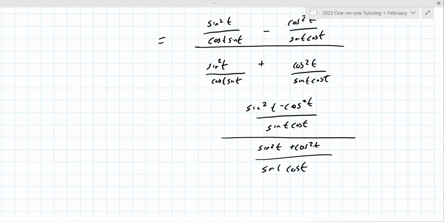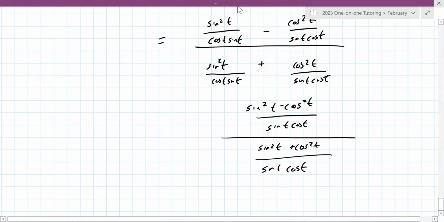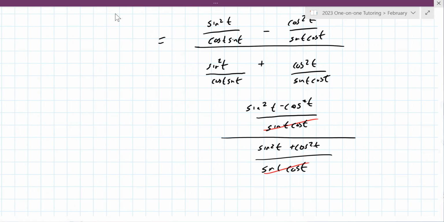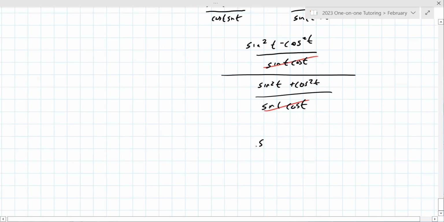Fine. But the denominators cancel. They do, yeah. So we got sine squared t minus cosine squared t over sine squared t plus cosine squared t.